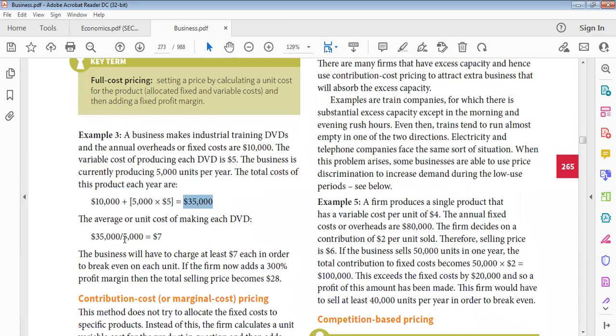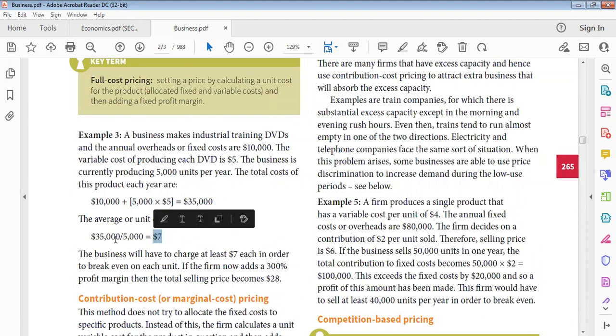Then you simply divide it by the number of units you're going to produce. So the answer is $7. Now, is this $7 your price or your cost? It's the cost, cost per unit. Very good.